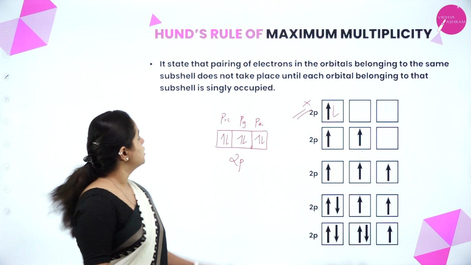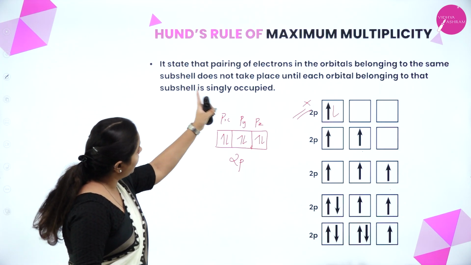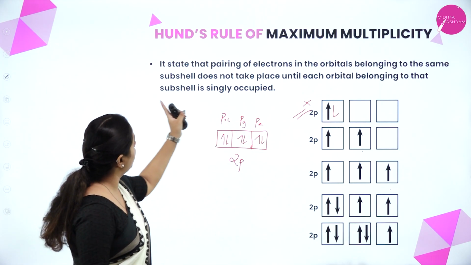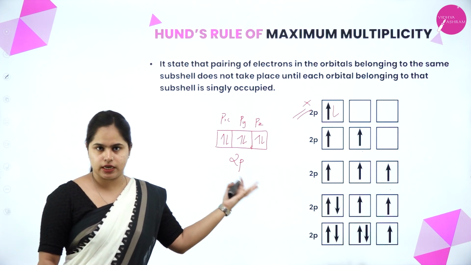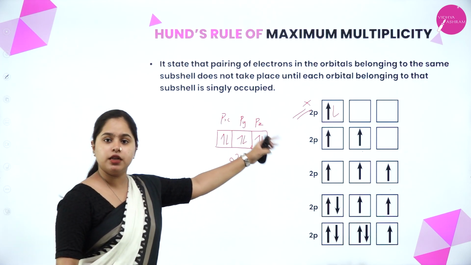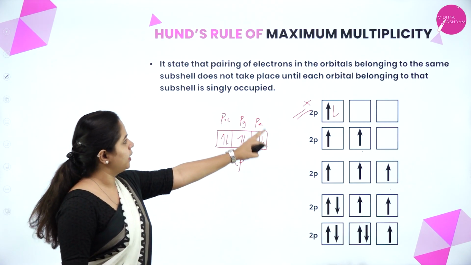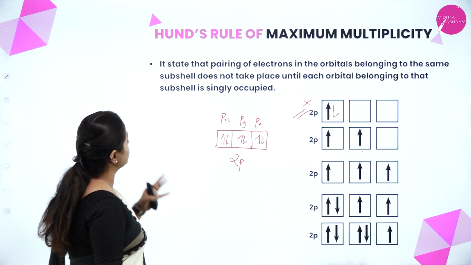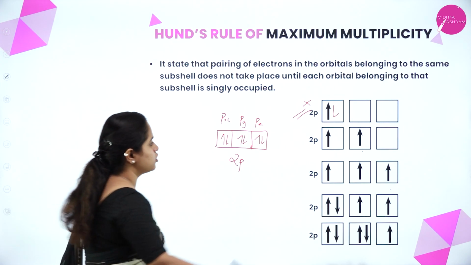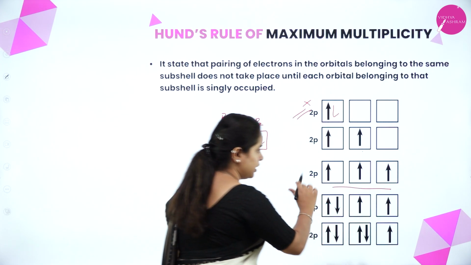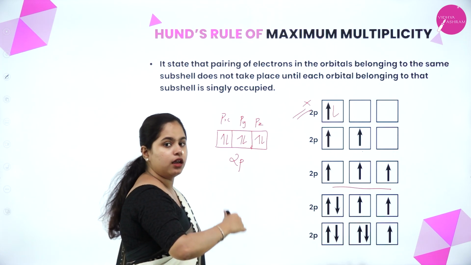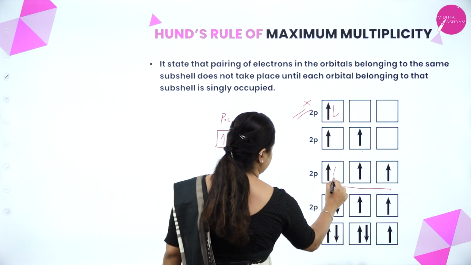Clear? Yes. So, that is what it states. The pairing of electrons in orbitals belonging to same subshell, that means degenerate orbitals, right? Px, Py and Pz, all these 3 are having same energy, and it does not take place until each orbital belonging to that subshell is singly occupied. So, first these 3 singly occupy and then the 4th one will come here.